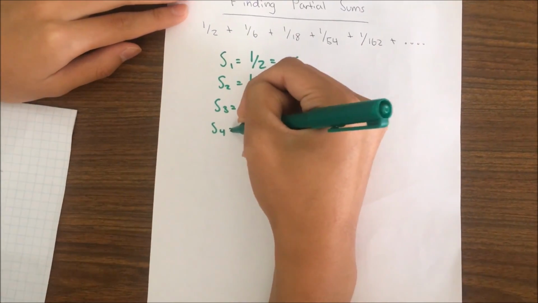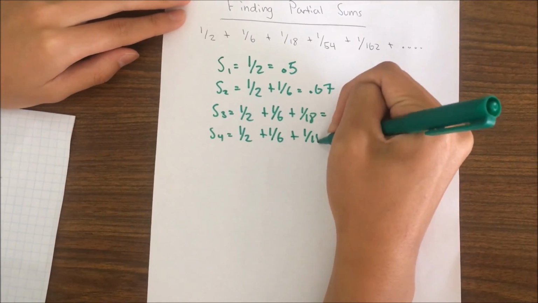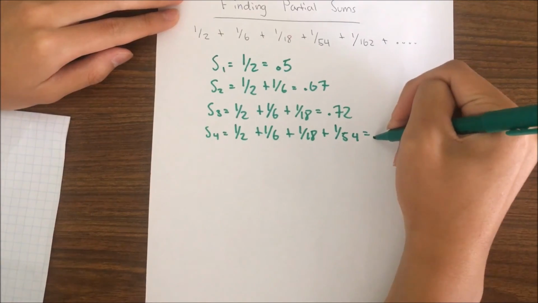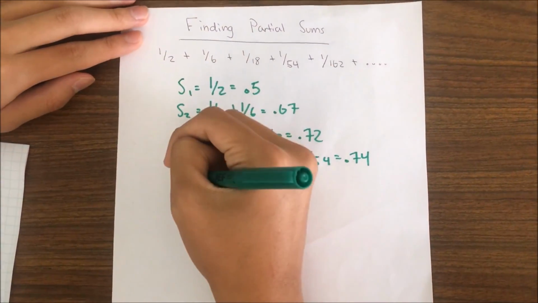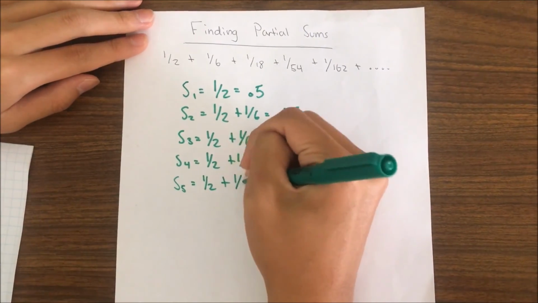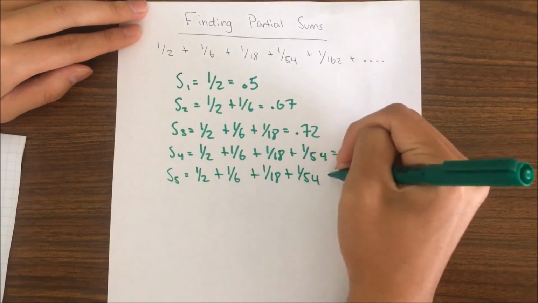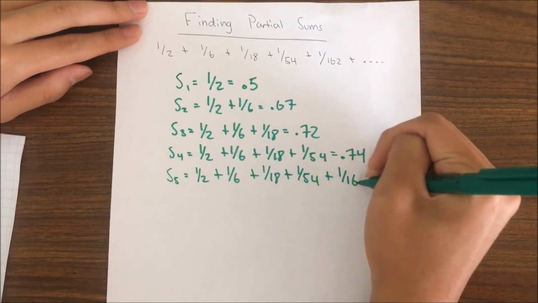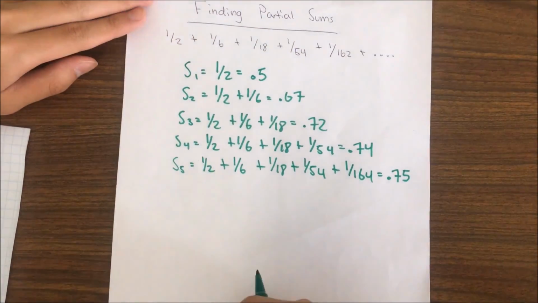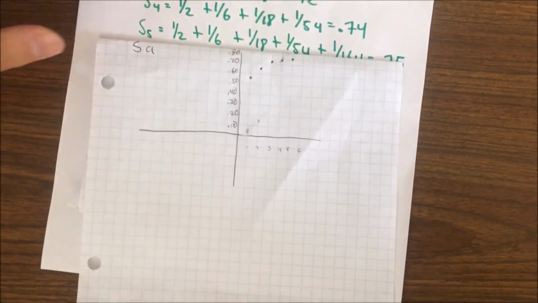S4 is 1/2 plus 1/6 plus 1/18 plus 1/54, which is 0.74. And S5 is 1/2 plus 1/6 plus 1/18 plus 1/54 plus 1/162, which is 0.75. If we graph, then we get this graph.